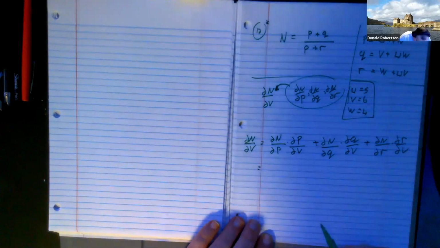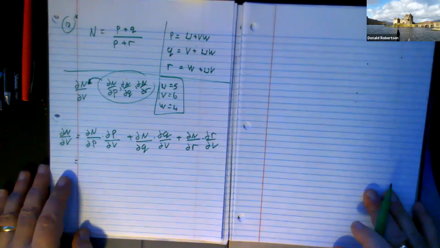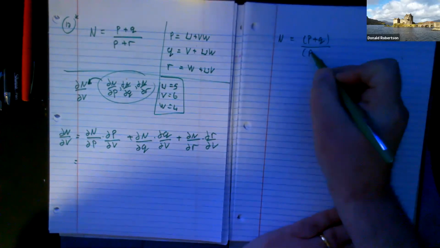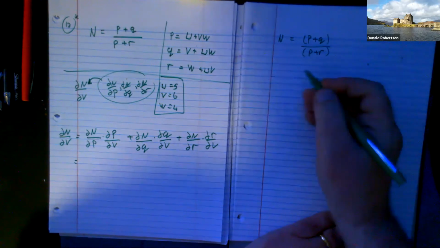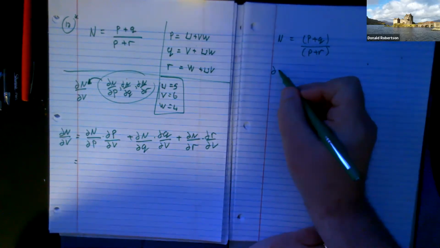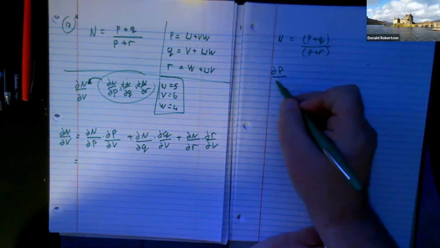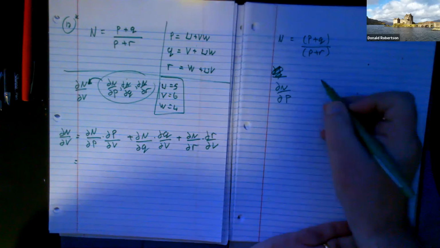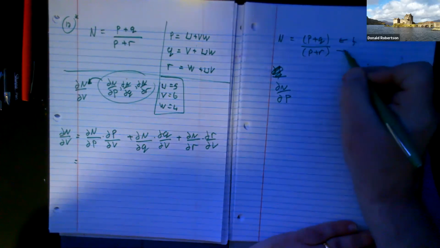Okay, so, oh God, this is going to be side issues. We have to figure out, putting brackets around these, how to find dp and dn by dp. Would you agree that it's going to be a quotient rule?